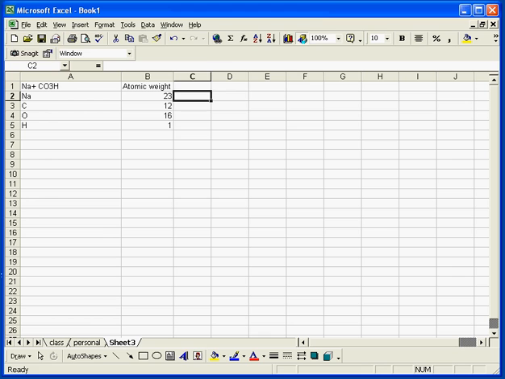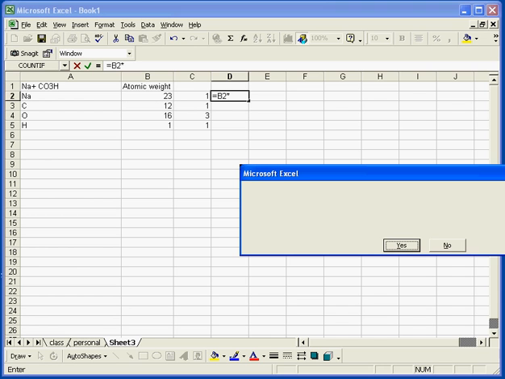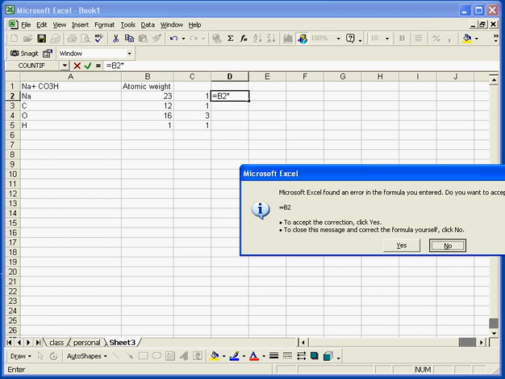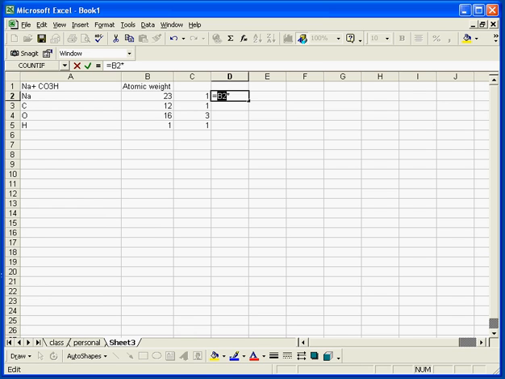So there's 1 sodium, 1 carbon, 3 oxygens, and 1 hydrogen. When you add all these together, this is going to equal 1 sodium times 1 atom. Oops, I really can't type either.